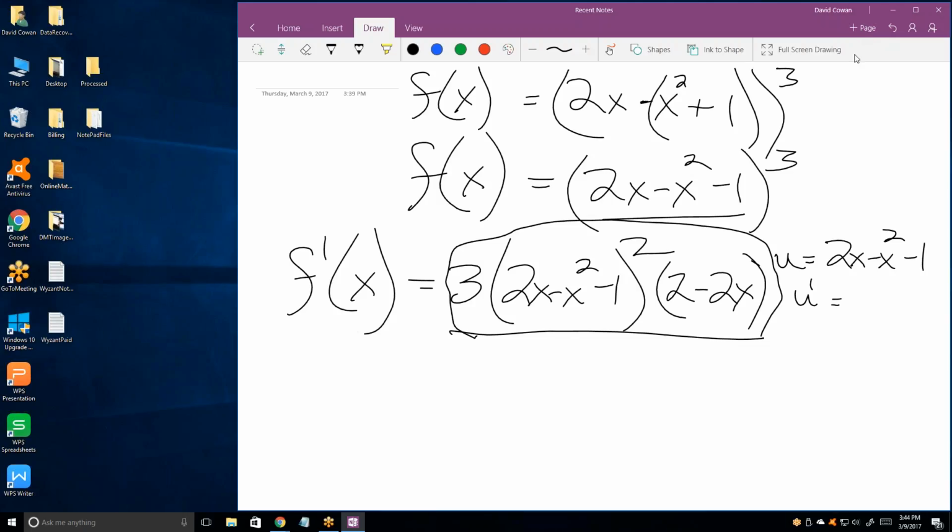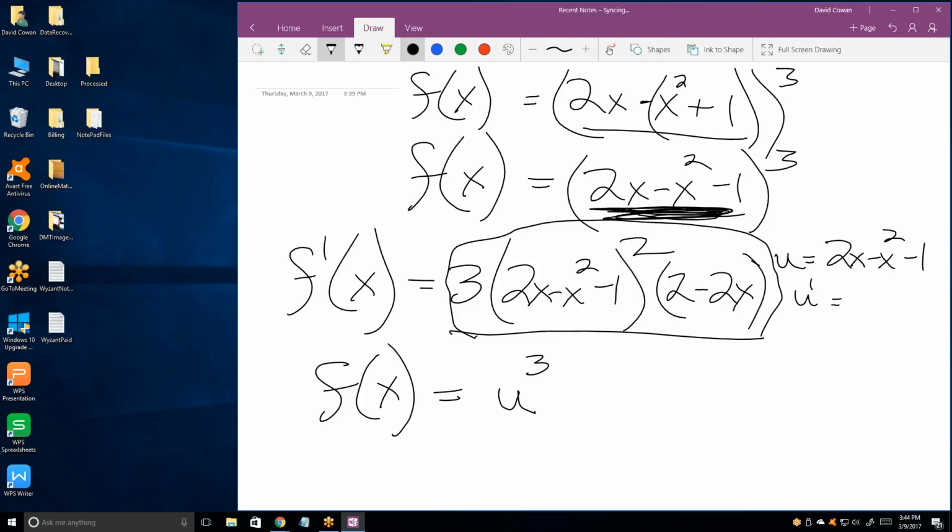Let's talk a little bit about the chain rule. If we have a function that is a function of x, then we can differentiate it. But when there's an inside, it's not a function of x. In other words, in this last problem, what we really had was u cubed, right? When we made u that inside, then now we're looking at f of x is equal to u cubed.